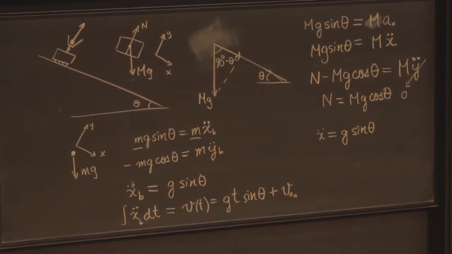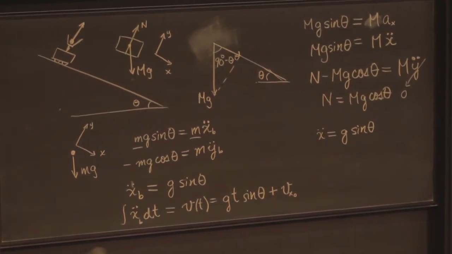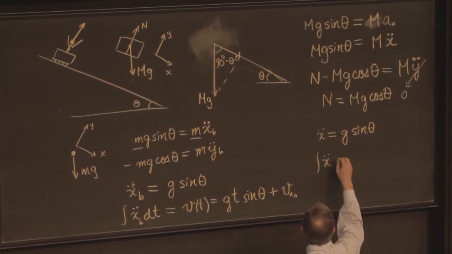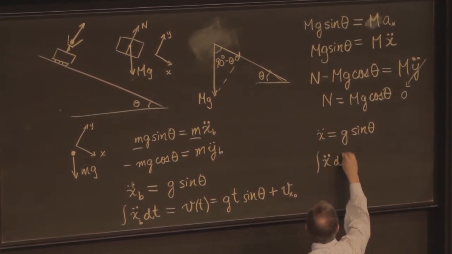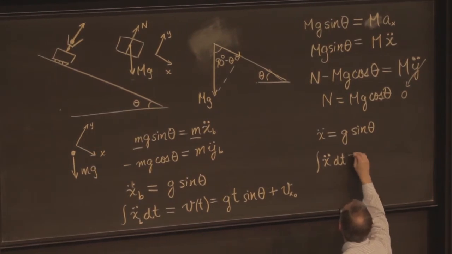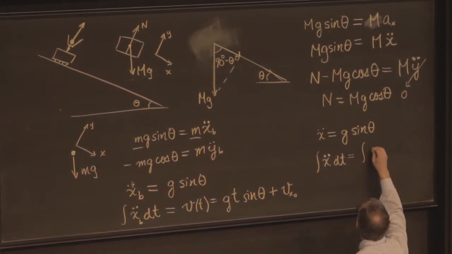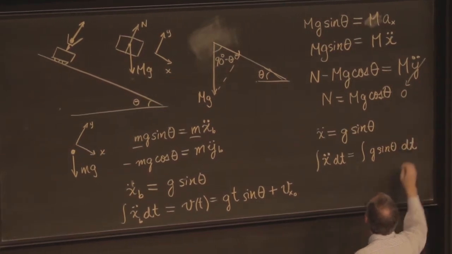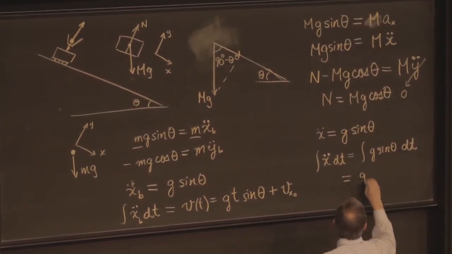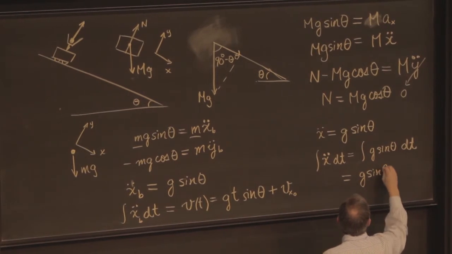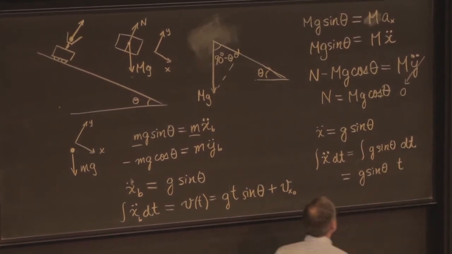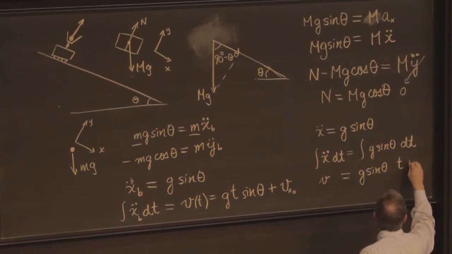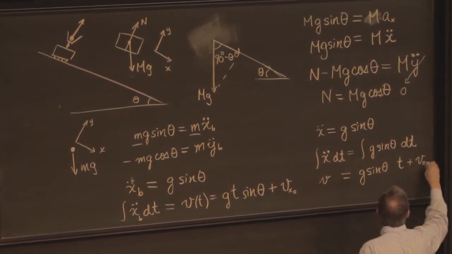And similarly over here, I can integrate x double dot dt, which is the integral of g sine theta dt, and that's g sine theta times t plus whatever initial value of velocity it had.